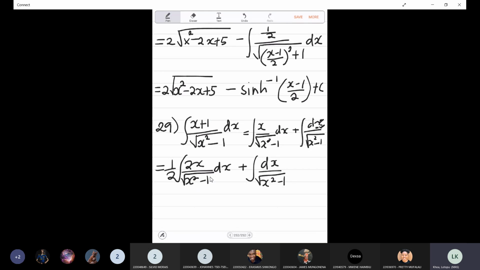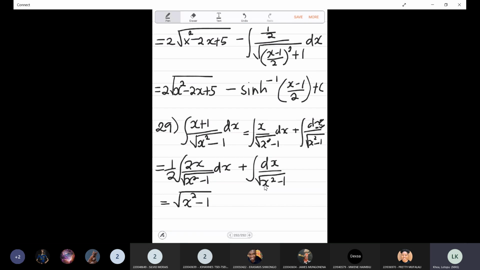So the integral of this will just be the square root of x squared minus 1. Then you will have to divide it by a half, but then there's already a half there, so the halves will cancel each other out. So you have the square root of x squared minus 1.